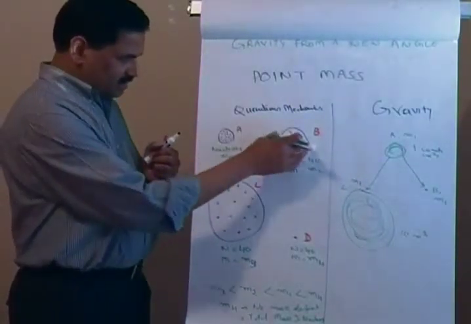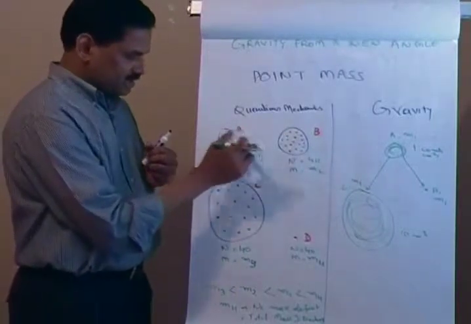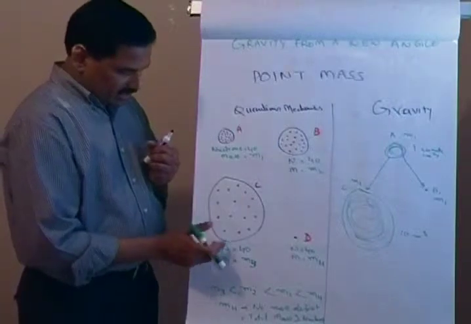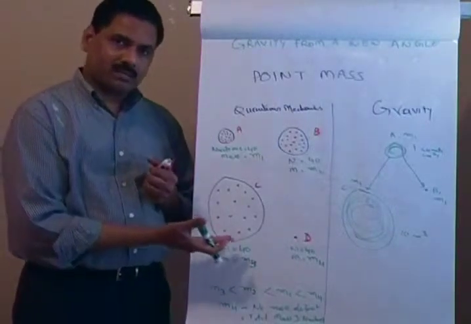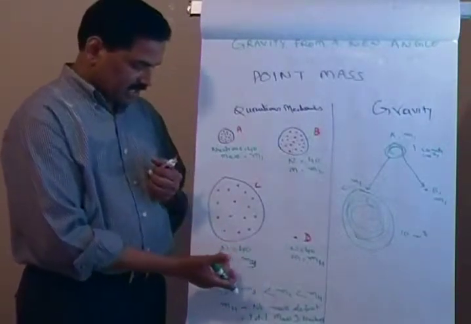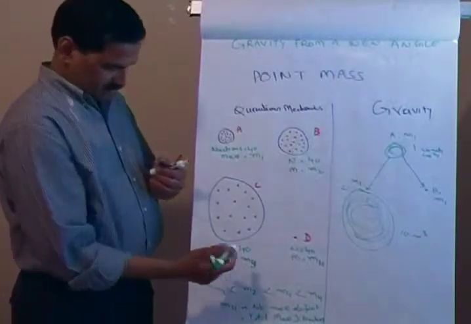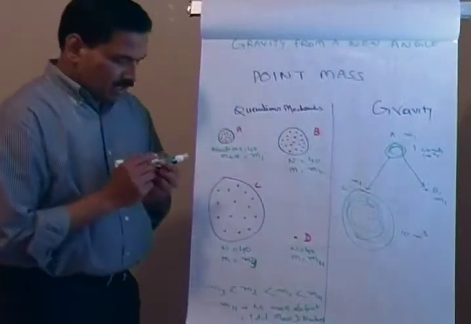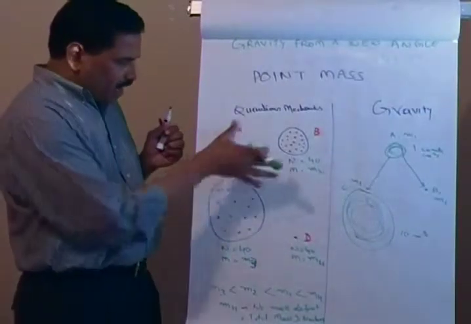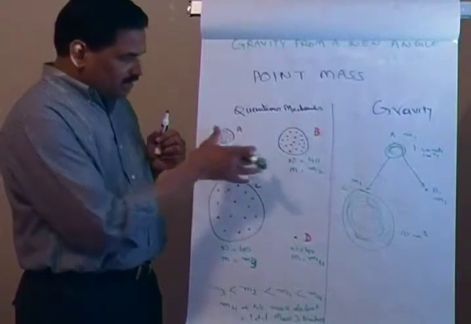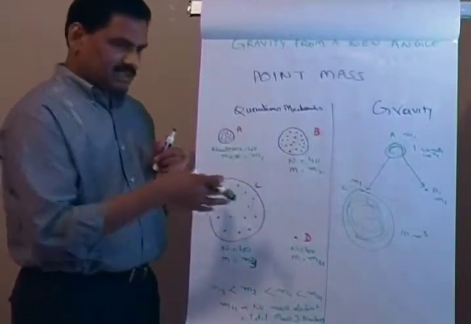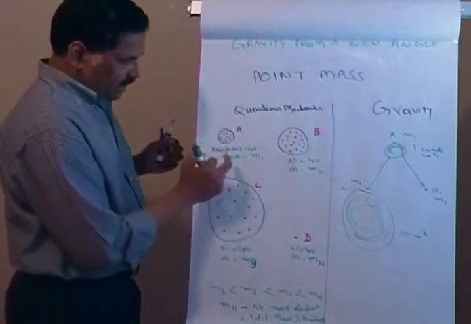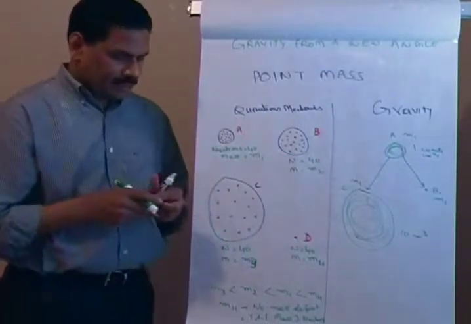This nucleus is bigger than this one, and this nucleus is bigger than these two nucleuses. Let's say it too has the same number of nucleons, 40, and the mass is M3. So how do these three masses, M1, M2, M3, relate to each other?